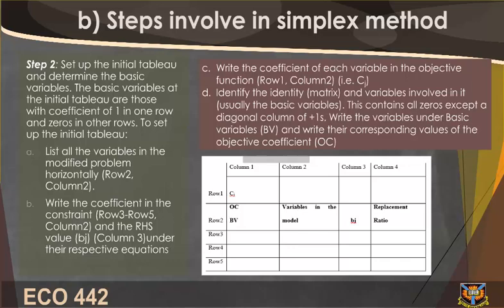D. Identify the identity matrix and variables involved in it, usually the basic variables. This contains all zeros except a diagonal column of plus 1s. Write the variables under basic variables BV and write their corresponding values of the objective coefficient OC.